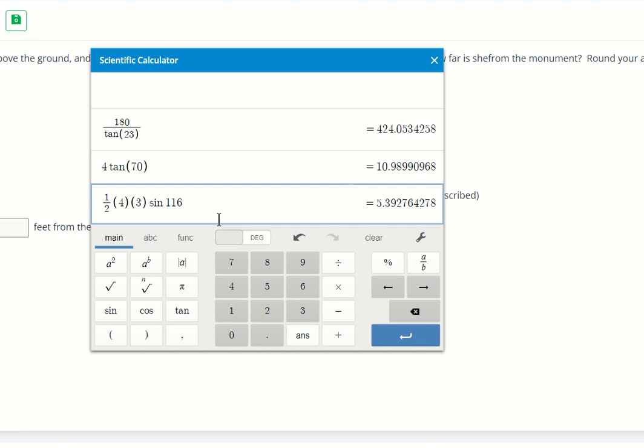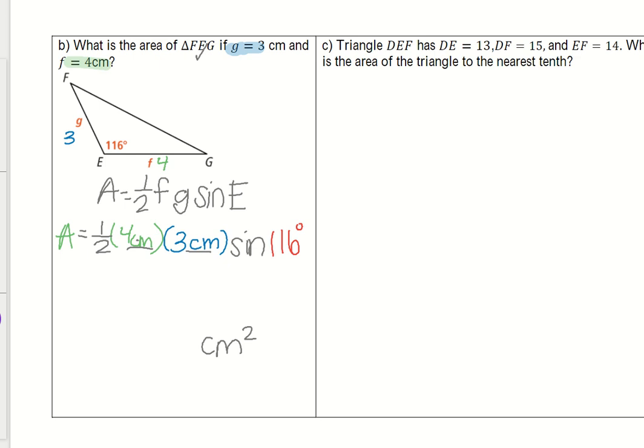And then that gives us 5.39. And so that means that that would be our area. So about 5.4 centimeters would be our area. So 5.4 square centimeters would be the area of that triangle.